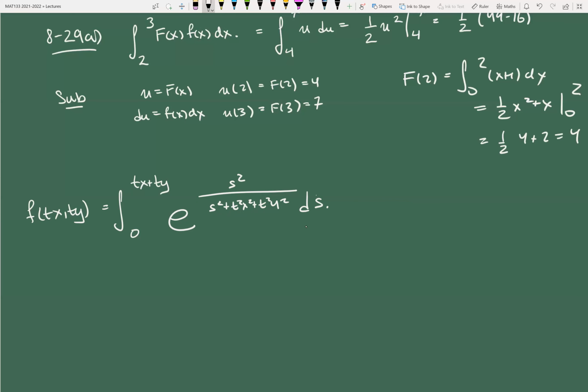No, this isn't 9-4. This is numeracy 2, question 4. So can anyone think of a substitution? Don't give anything away, but what substitution would you use?